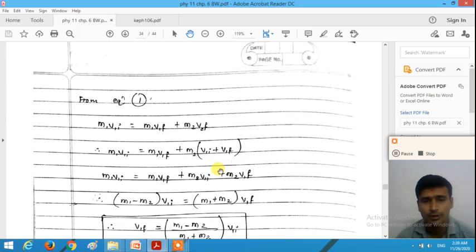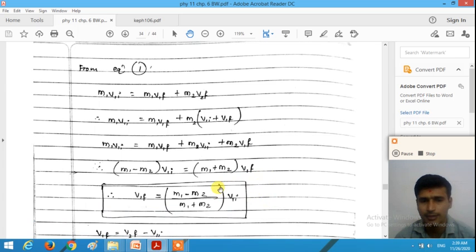Now open this bracket: m1 v1i is equal to m1 v1f plus m2 v1i plus m2 v1f. So take the v1f common in these terms and take the other term to the other side. We get m1 minus m2 into v1i is equal to m1 plus m2 into v1f, right?